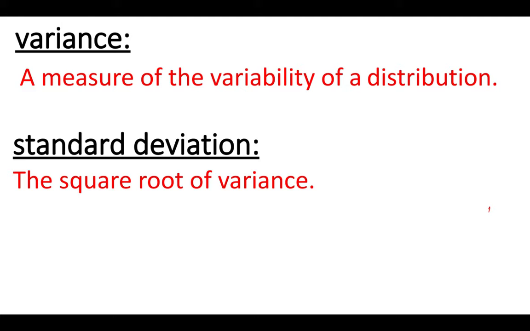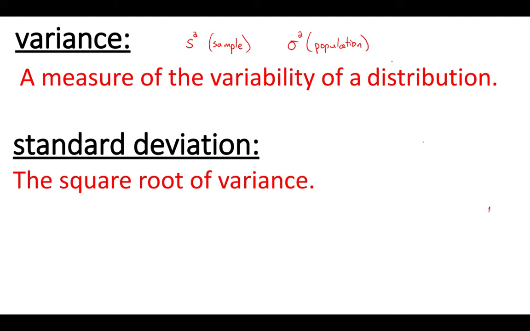The symbols we're going to use for these two terms: for variance, we're going to use s squared if we're talking about a sample, and we're going to use a lowercase sigma squared if we're talking about a population. So if we're just talking about a small sample, we're going to use s squared. And if we're talking about an entire population, we're going to use sigma squared, and that's the lowercase sigma.